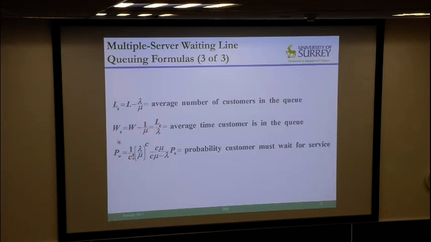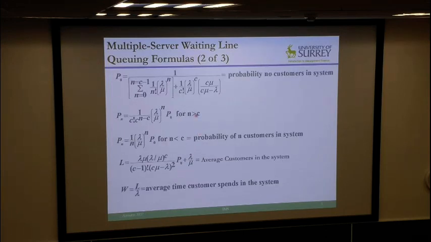And for the probability of a customer waiting for service, it's pretty similar to before. For all of those equations, you need to understand what each symbol means. Once the formulas are given to you, you should know how to use them to calculate.